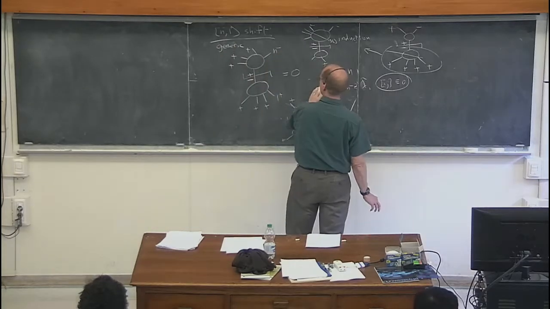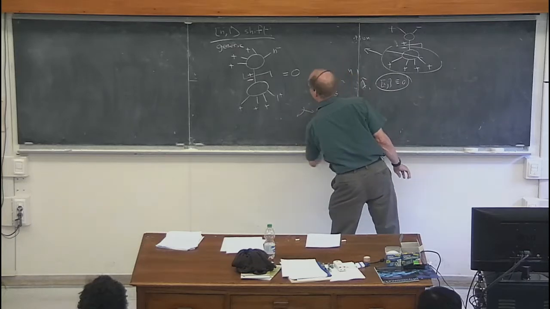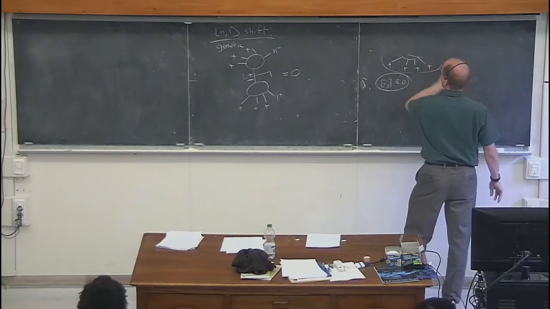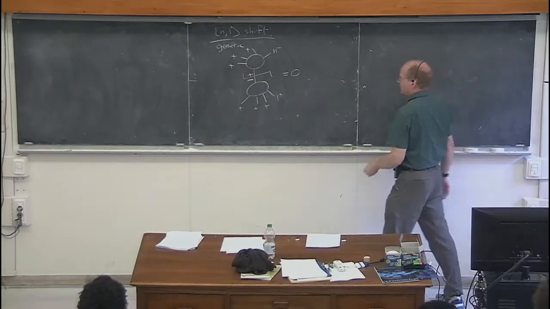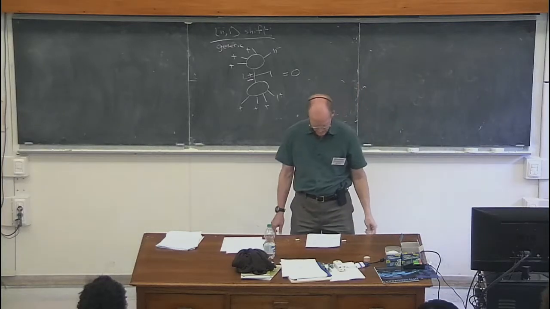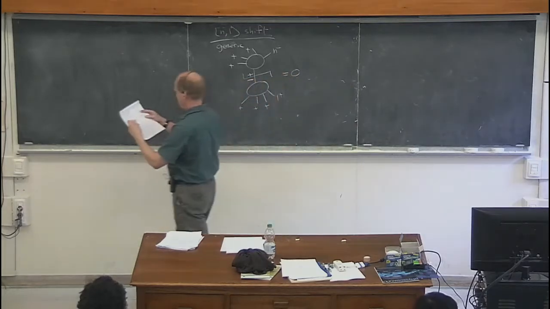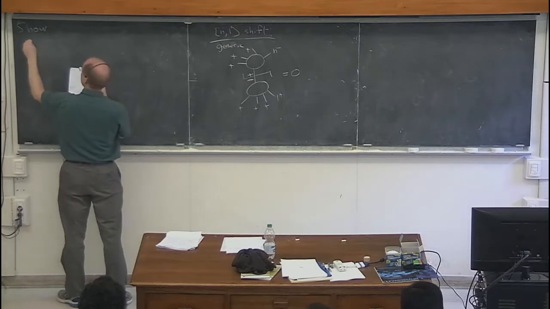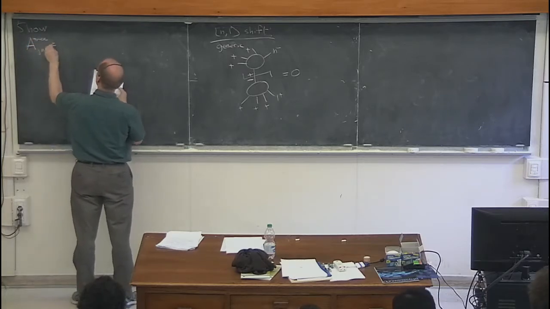So this time I'm not going to erase things that I can reuse. So we want to show that, let's just call this A_JN of the tree amplitude.